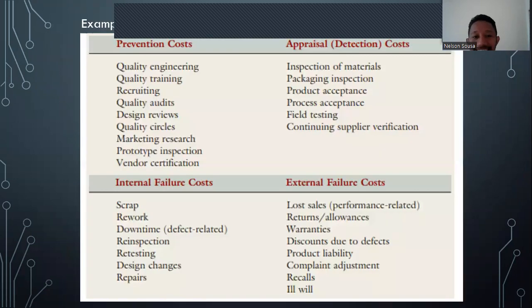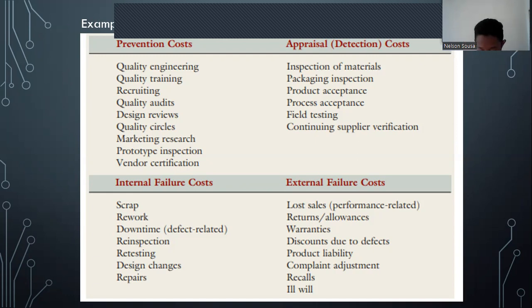Here are examples of quality cost by category. The first one is the prevention cost. There are quality engineering, quality training, recruiting, quality audits, design reviews, quality circles, marketing research, prototype inspection, and also vendor certification. The second one is the appraisal or detection cost. There are inspection of materials, packaging inspection, product acceptance, process acceptance, field testing, and also continuing supplier verification.